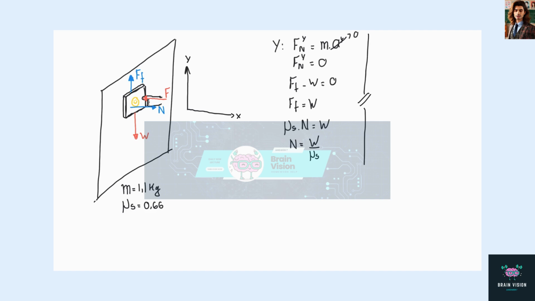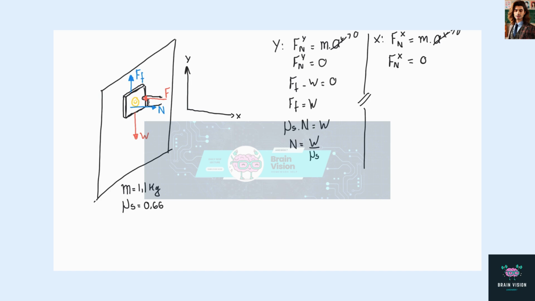Now we apply Newton's second law on the other axis to get more information. The net force on that other axis is equal to the mass times the acceleration in that direction. Again, we want the picture not to move in this direction too, so the acceleration is equal to 0 again. Then the net force in that direction is equal to 0.